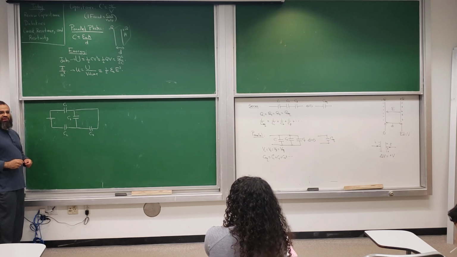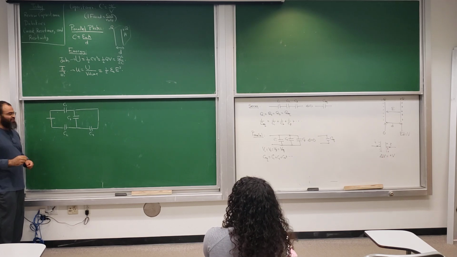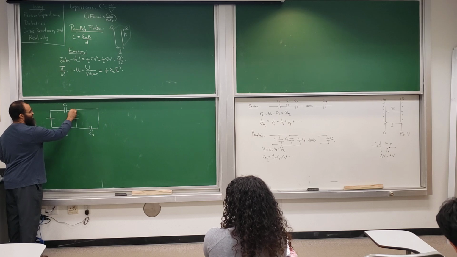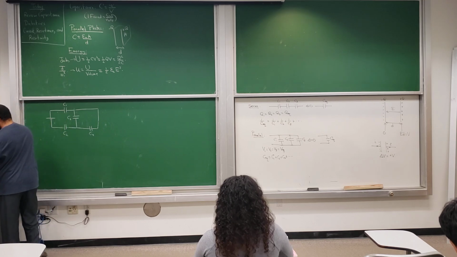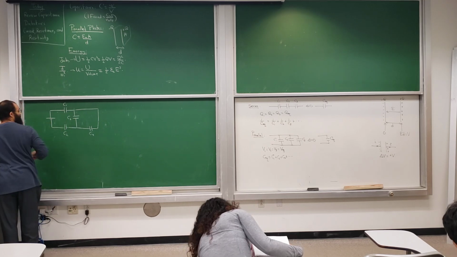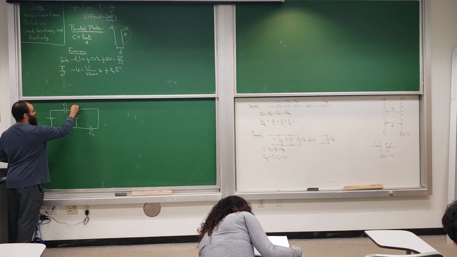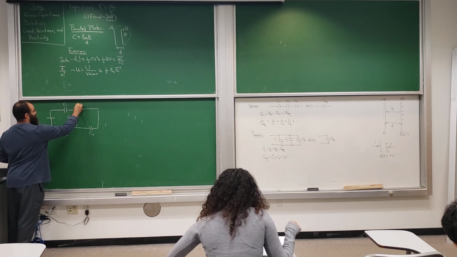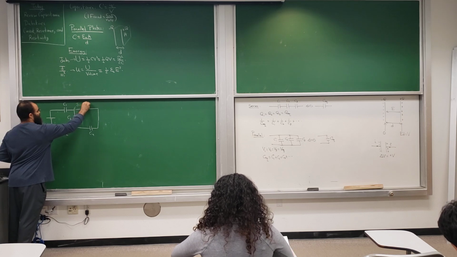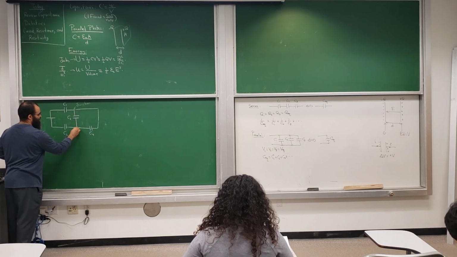A point where two or more wires meet is called a junction. This is a junction. This point here, you got a junction. This is another junction.